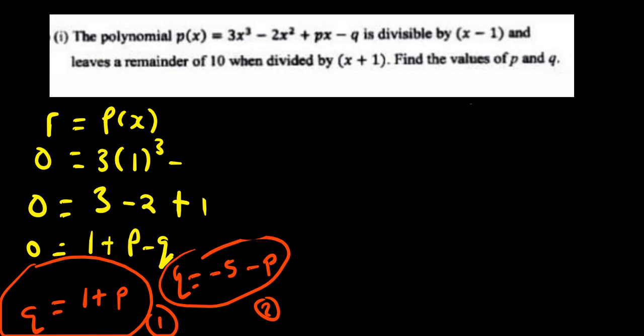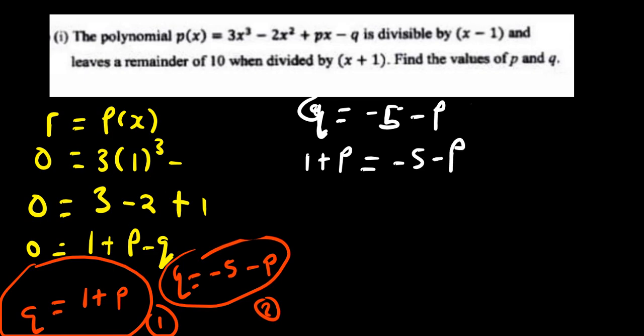The second one, q equals negative 5 minus p. Our q is also equal to 1 plus p, so we just replace: 1 plus p equals negative 5 minus p.